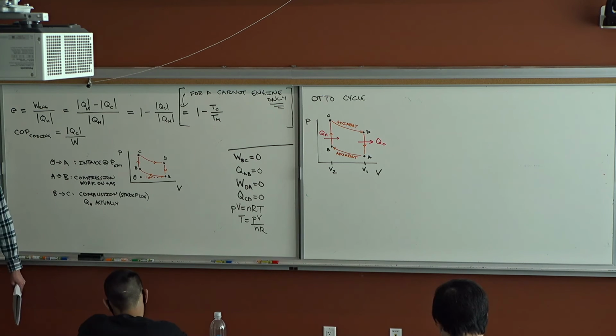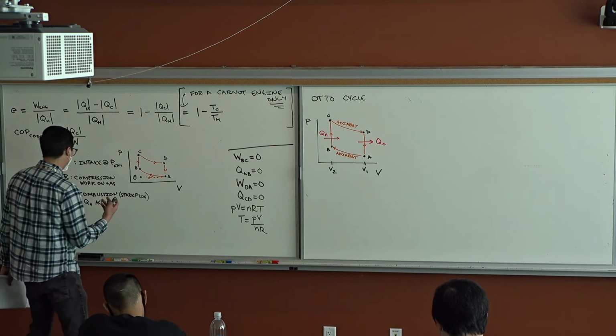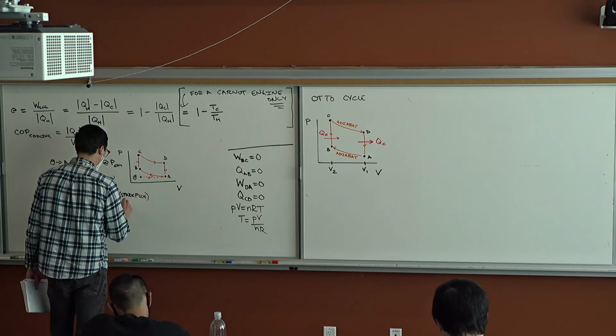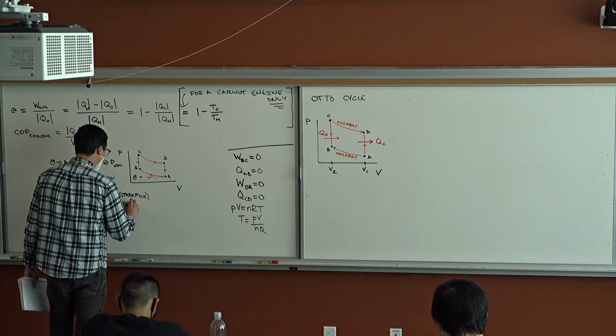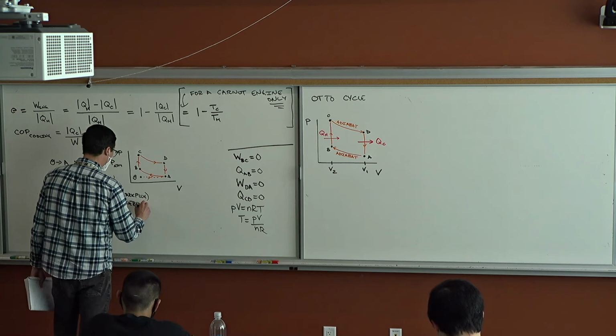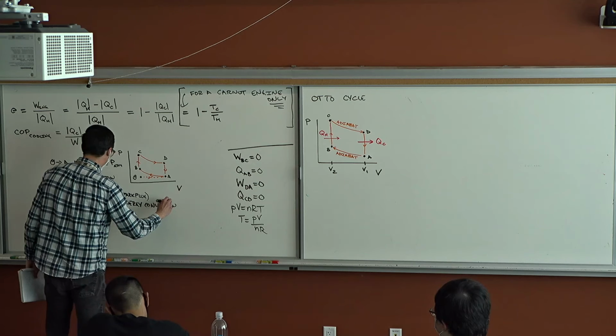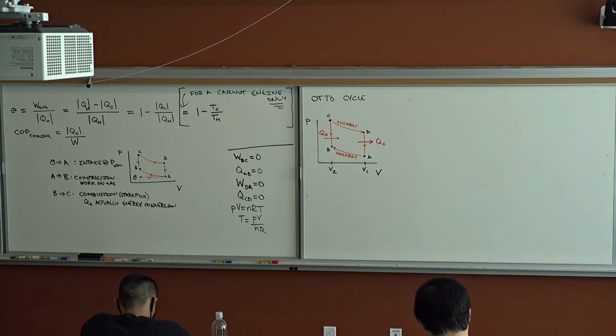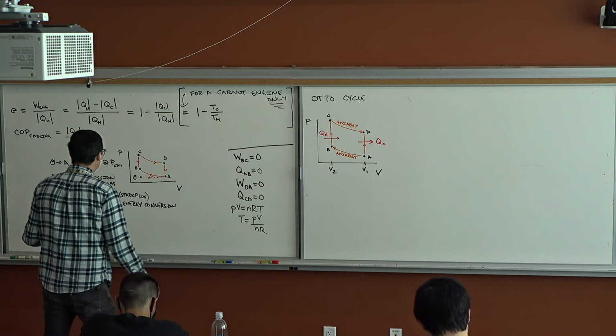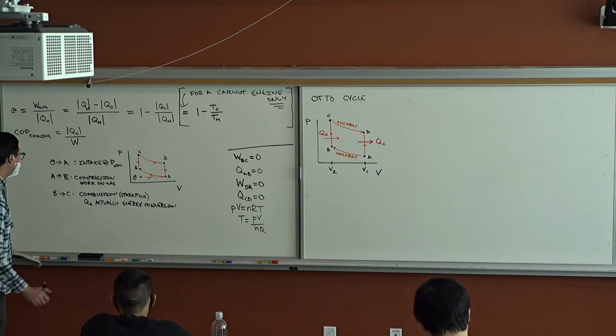It's coming from a chemical process, but it works well enough all the same. So B to C is our combustion process. C to D is what is called the power stroke.